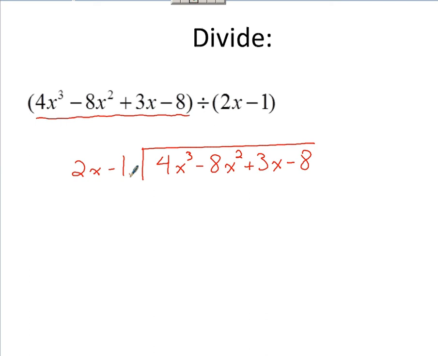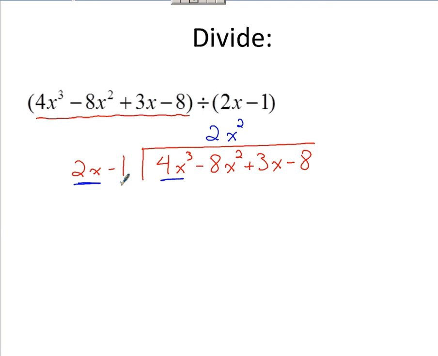So just like we did before, we'll start with the lead term here, 4x cubed, compared to the lead term out here, 2x. Divide that out. 4x cubed divided by 2x is going to be 2x squared, right? So 2x squared, going to put that right there because it's above the x squared term. I'm going to take 2x squared, multiply the 2x minus 1.